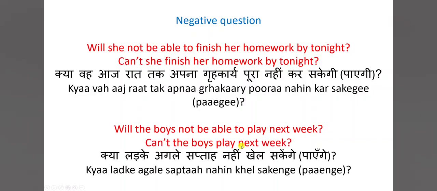Can't the boys play next week? क्या लड़के अगले सप्ताह नहीं खेल सकेंगे और पाएंगे? लड़के is boys. अगले is next. सप्ताह is week. नहीं is not. खेल is play. सकेंगे is will be able to और पाएंगे is will be able to.